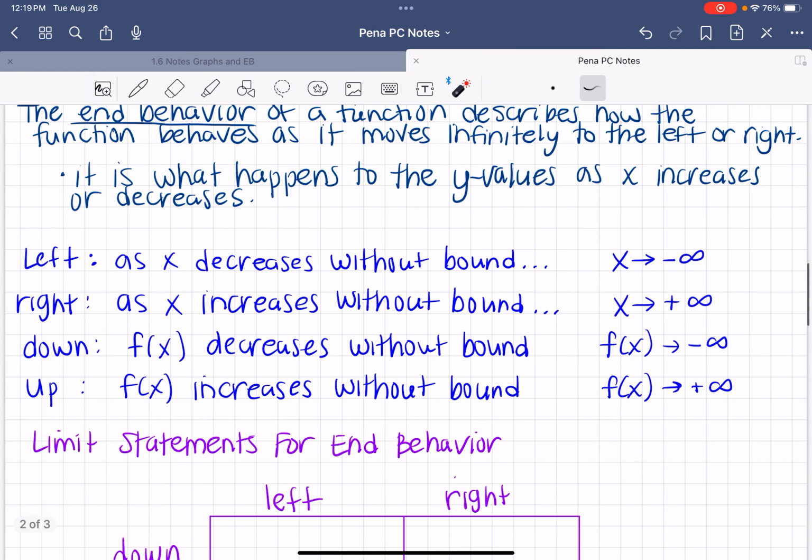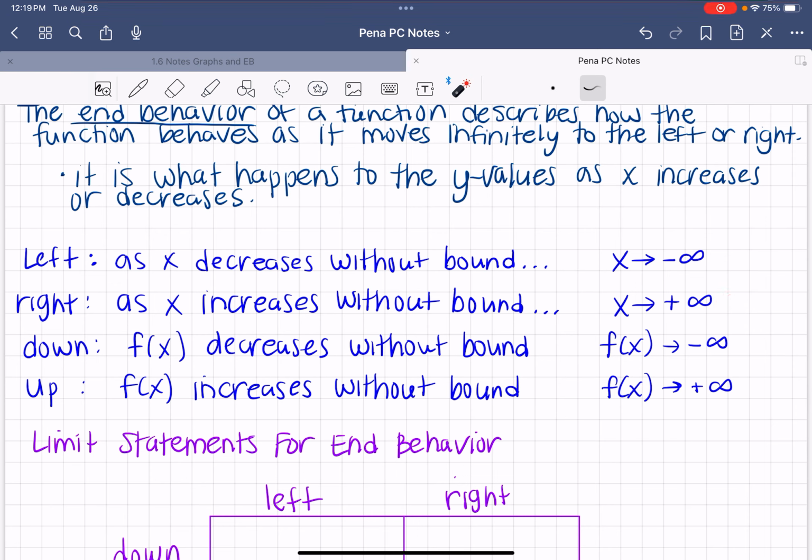I wrote down in words what each thing means, and then I wrote down some notation. If we're talking about the left, that means x decreases without bound, and your teachers before this class might have used this notation: x with an arrow to negative infinity. For the right, x is increasing without bound, so x is approaching positive infinity.